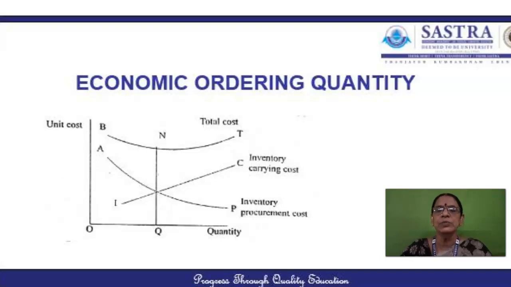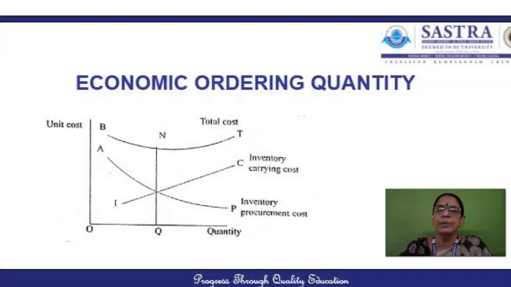We shall now see the graphical illustration of an EOQ. On x-axis we will have the quantity, on y-axis we will have the unit cost. Now the ordering cost will be lower when the number of units are higher.